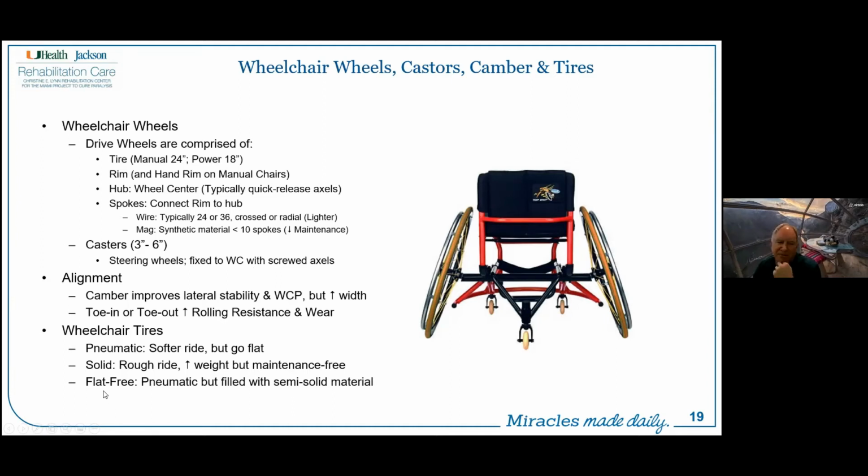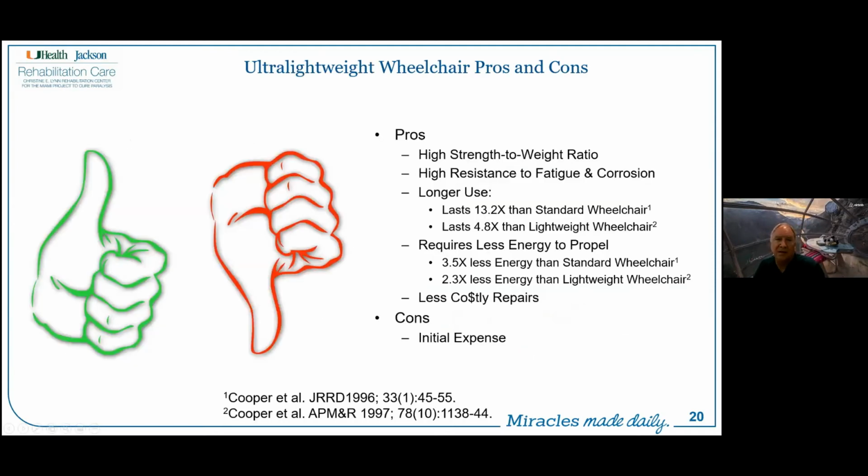And then the other option is kind of the in-between, a little bit more expensive. These are the flat free, using a pneumatic tire, but filled with a semi-solid material. So these are options for the wheels, keeping in mind that you're trying to provide the best, smoothest ride possible, depending upon the person's environment, and still keep a light weight going for you.